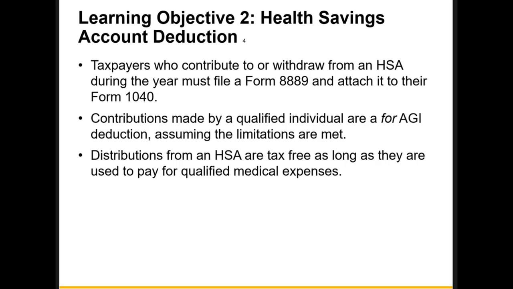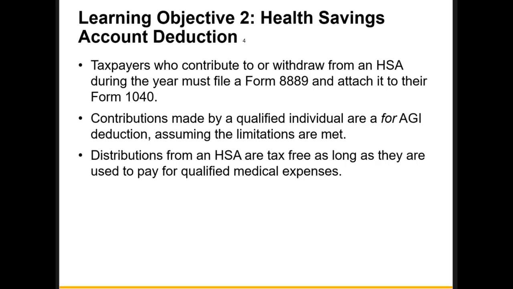If you put money into or take money out of an HSA, there is a special form. Of course, the IRS is great at having lots of forms for every possible situation, and the form here is not too hard to remember because it's 8889. But I don't expect you to remember what the forms are.